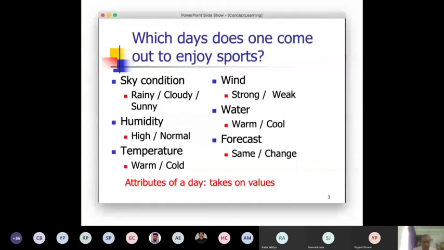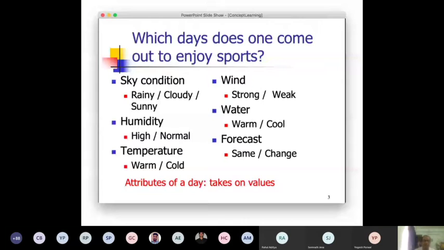So let us consider an example by which we will understand what is meant by concept learning. You can see a few terms highlighted in small blue boxes: sky condition, humidity, temperature, wind, water, forecast. They are considered attributes of a day, and they take values. Sky condition could be rainy, cloudy or sunny.